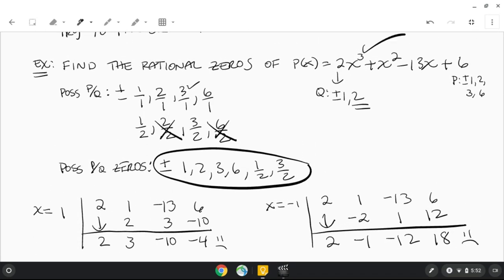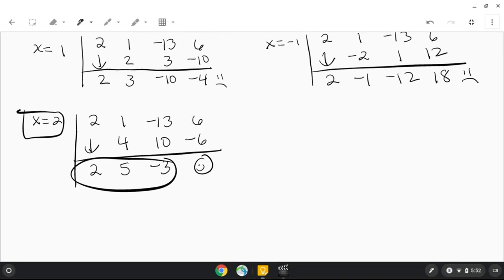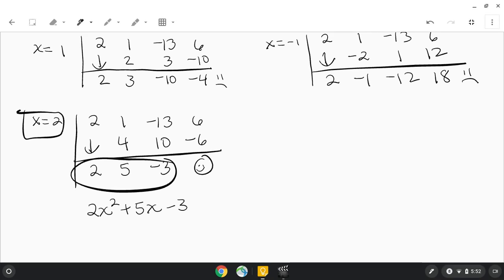Degree 3 right there. So now this polynomial is 1 degree less, so this is a degree 2. So this is 2x squared plus 5x minus 3. Okay, so we can try to factor that. That's why we like it when it's down to a degree 2.